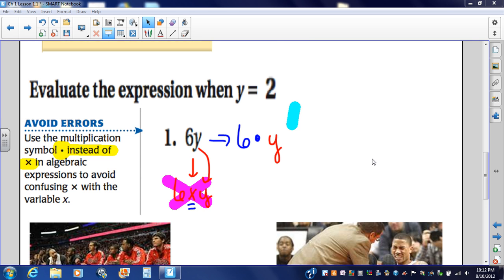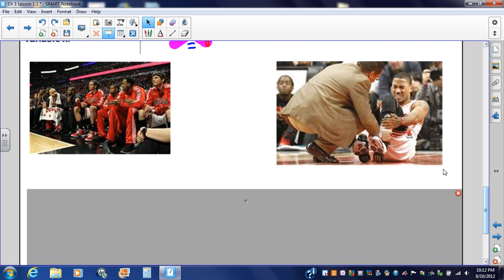Now we're going to do what's called substitution. So pretend that a player, in this case a basketball player, gets hurt. If this basketball player gets hurt, they have to substitute someone else in his spot.